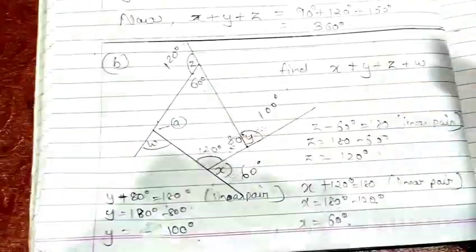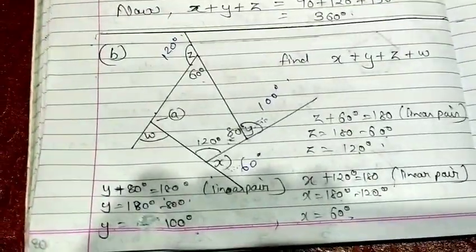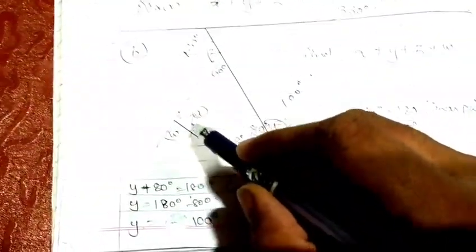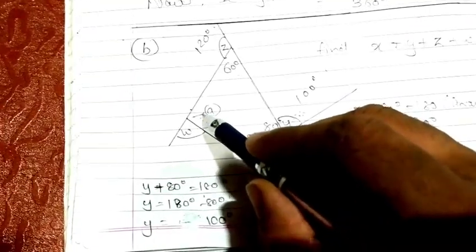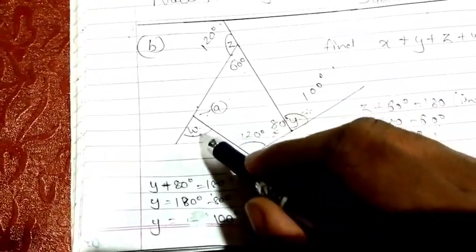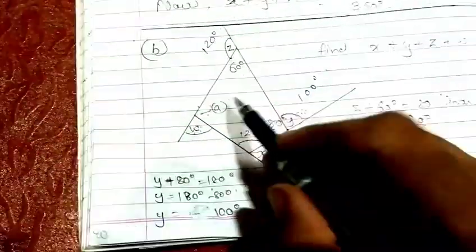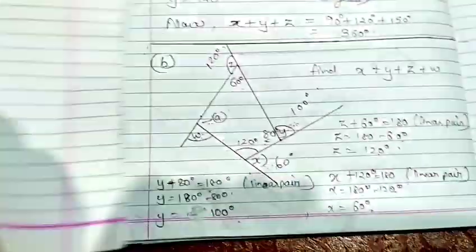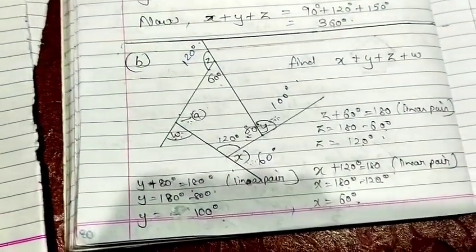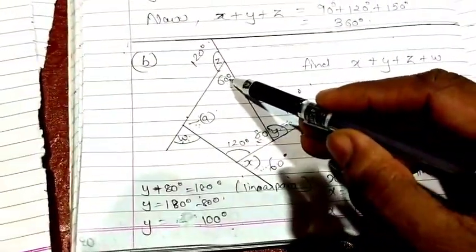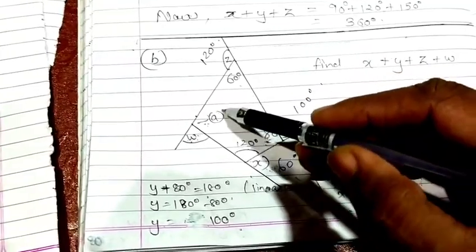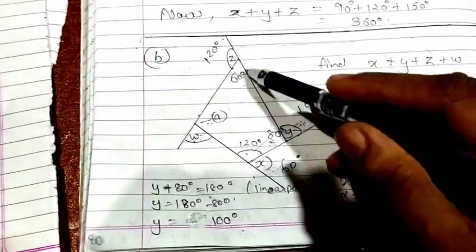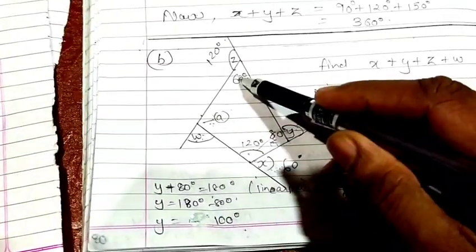Now what is left? This w. How to find w? Now dear student, both pairs are missing. So let us consider this angle as A. As I know that the sum of the measures of all interior angles of a quadrilateral is always equal to 360 degrees, the sum of all these angles equals 360.